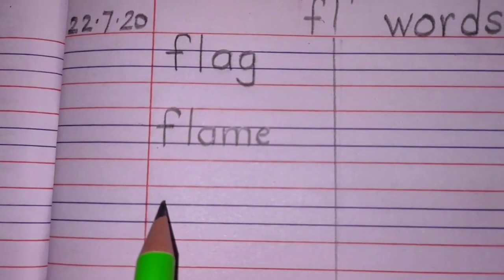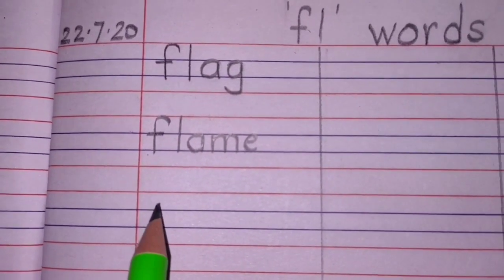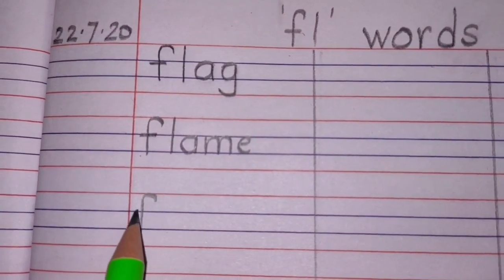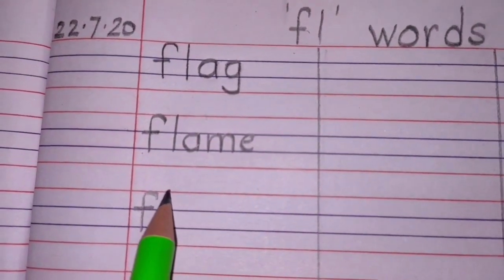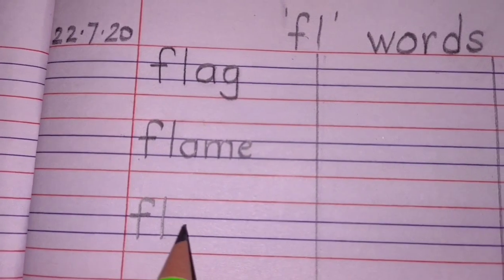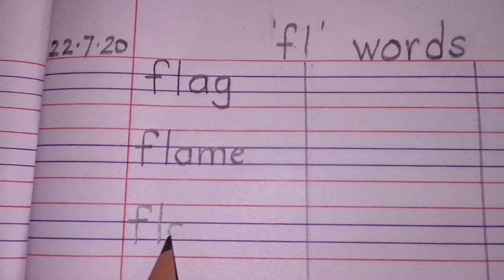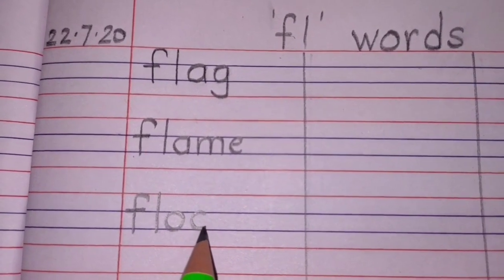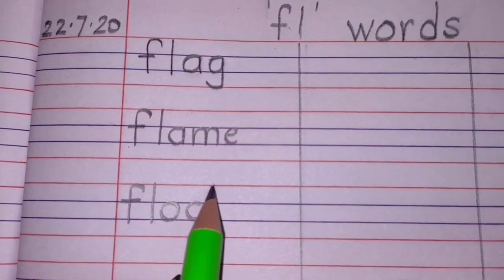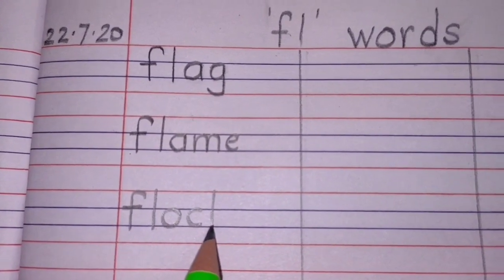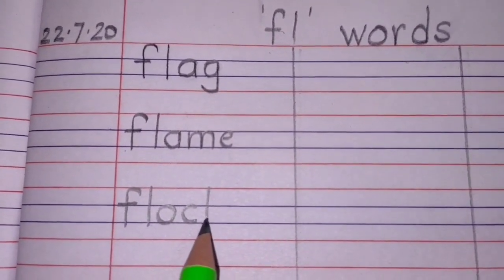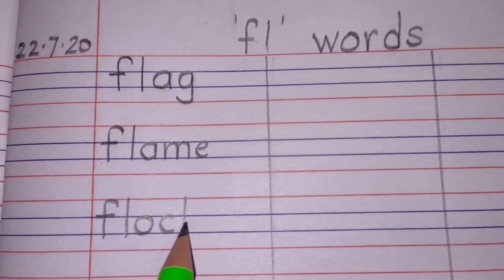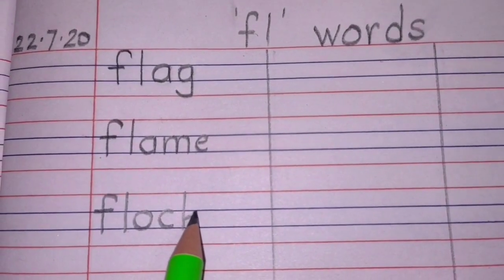Next word is flock. So again we make a curve from the red line, come down, across, red line to second blue line, L, blue line to blue line, O, make half a curve, blue line to blue line, C, red line to blue line, standing line, K, and put your pencil in the middle of the standing line, make a slanting line up.